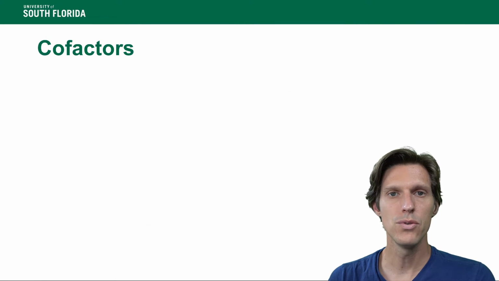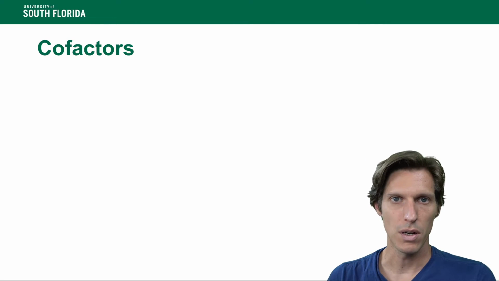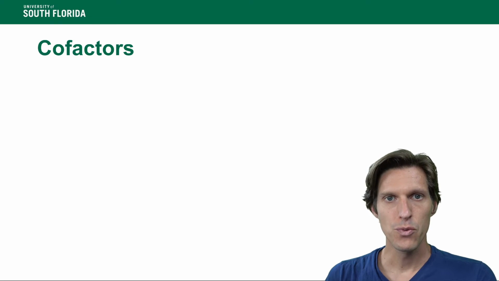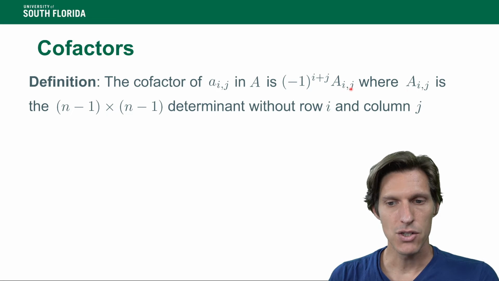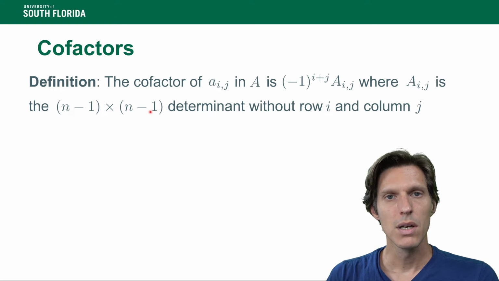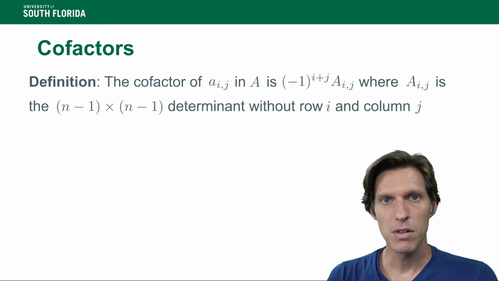Now, we're going to use very special determinants given a certain matrix in order to facilitate the calculation of both the determinant and inverses. So the cofactor of a certain coefficient a_ij of A is -1 to the power i plus j times the determinant of size n-1 by n-1, where we take A and we remove the row of index i and the column of index j.